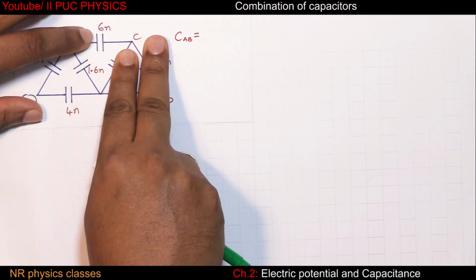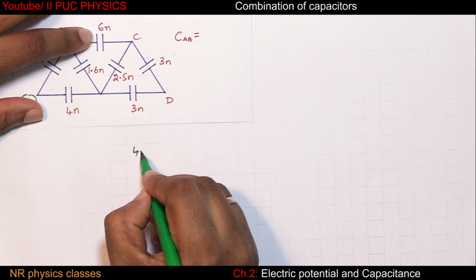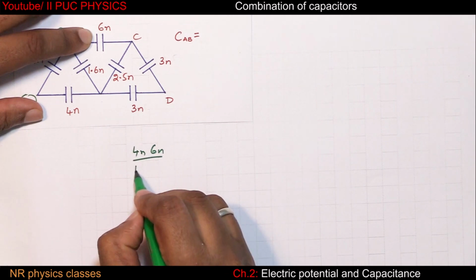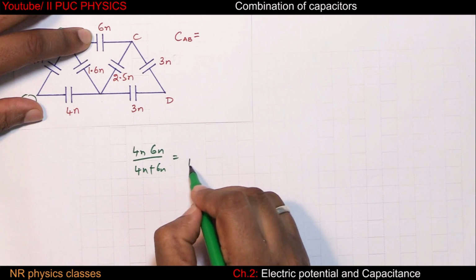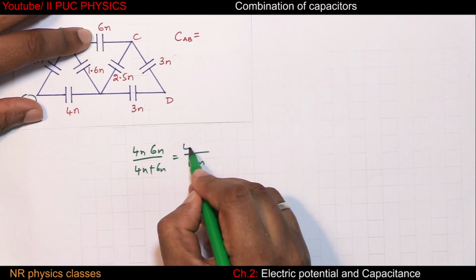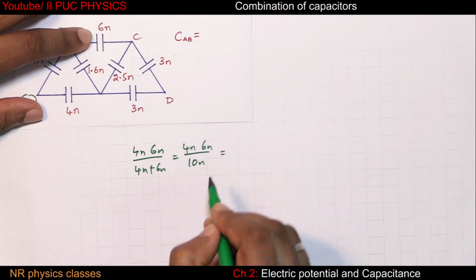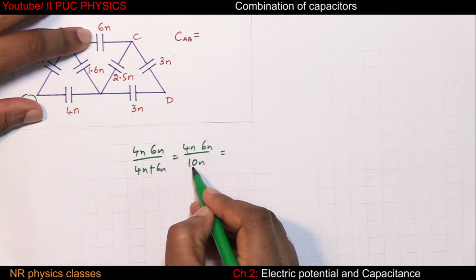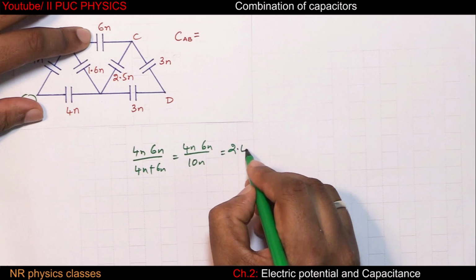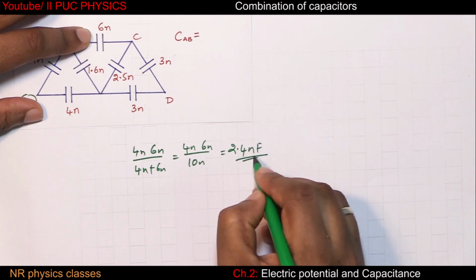4 and 6 in series means 4 nano times 6 nano by 4 nano plus 6 nano. The denominator is 10 nano, the numerator is 4 nano times 6 nano. 24 by 10 is 2.4, 2.4 nanofarad.